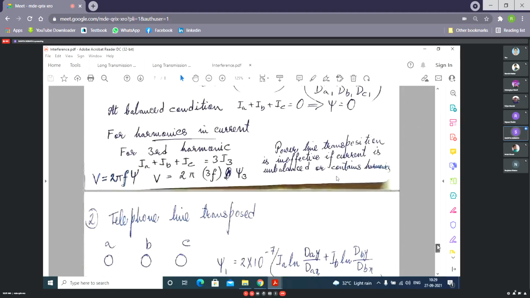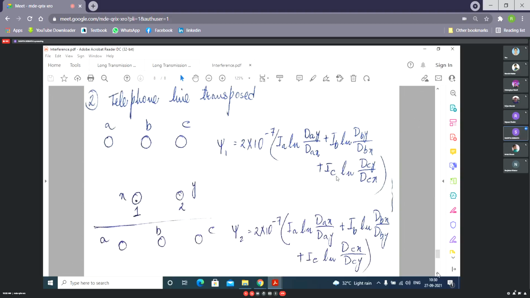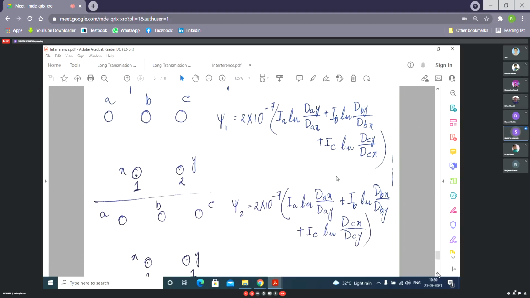Now let us see what happens if the telephone lines are transposed. See, the power lines are like this. For the telephone lines, in the first half cycle, conductor 1 is occupying position X and conductor 2 is occupying position Y. In the next half cycle, conductor 2 is occupying position X and conductor 1 is occupying position Y. In exactly the same way we find out what is Psi1 and what is Psi2, where Psi1 is for the first position and Psi2 is for the second position.